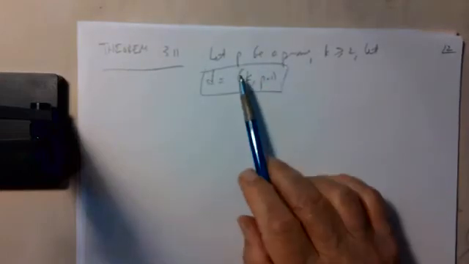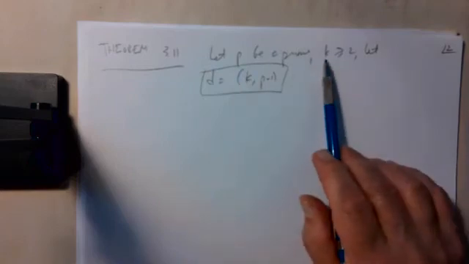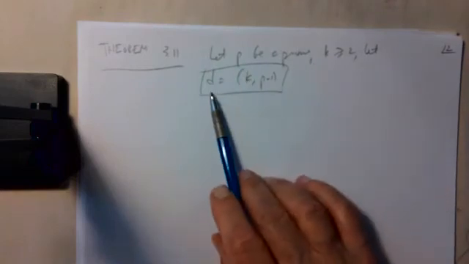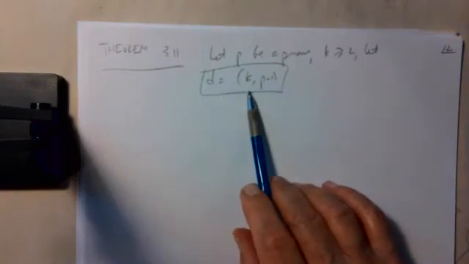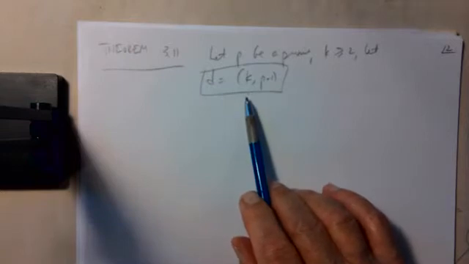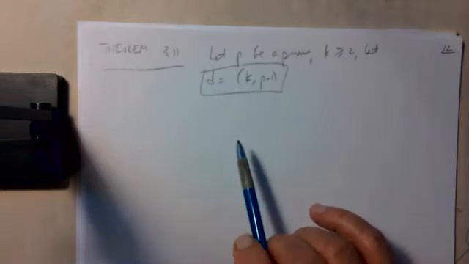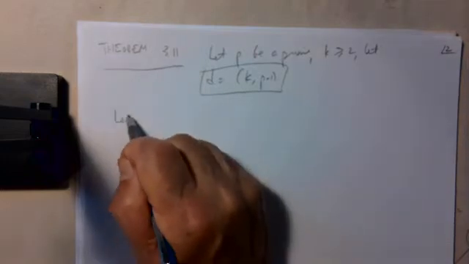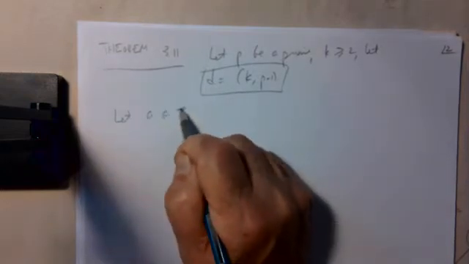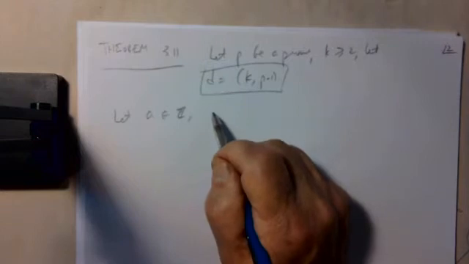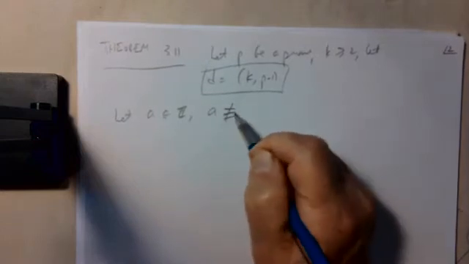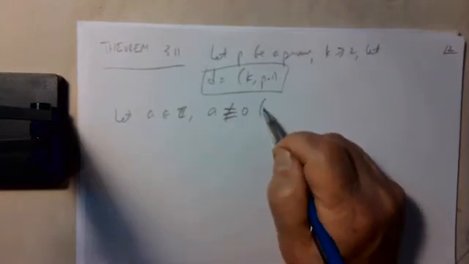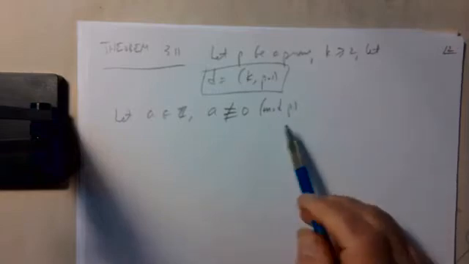So we have a modulus P that's a prime. We're looking at kth powers, and D is the greatest common divisor of K and P minus 1. Let A be an integer which is not divisible by P. Another way of saying that is A is not congruent to 0 mod P, right?